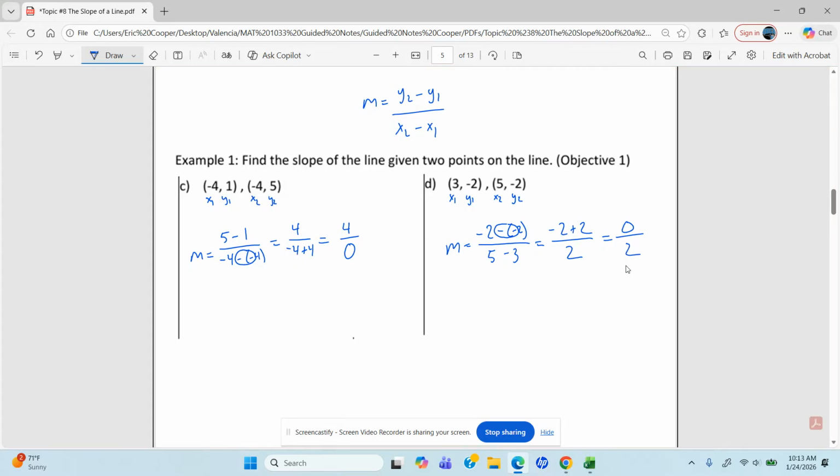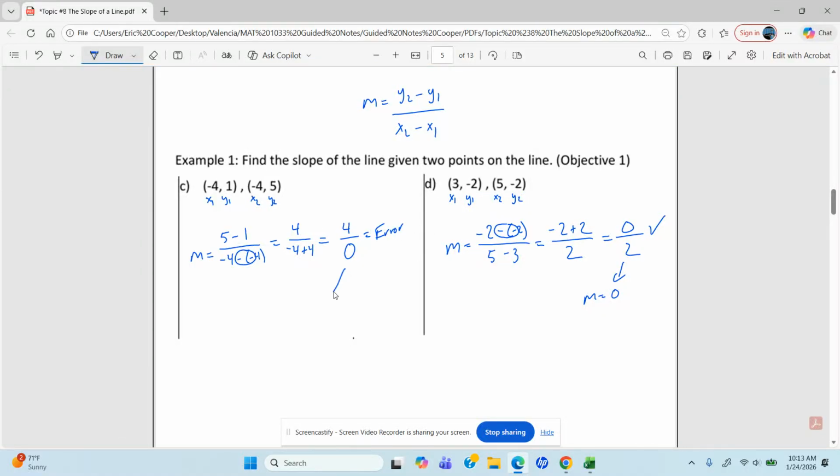So now when I look at both of these, one of these has 0 on top, the other one has 0 on the bottom. Which one gives us an answer of 0? Well, the correct answer is this one here. 0 divided by 2 gives me a slope of 0. But if you go and take a calculator and you try to put 4 divided by 0 in it, generally it comes out and gives you an error.